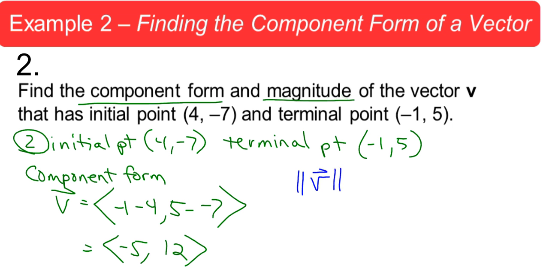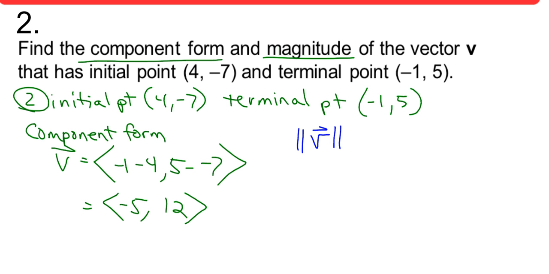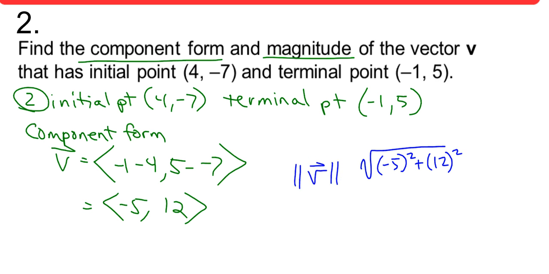And the nice thing about the magnitude is once we have it in component form, remember, then we're using that Pythagorean theorem. So Danae, how am I going to get the magnitude of this? So the square root of -5 squared plus 12 squared. And I left myself a little room because I was going to write magnitude.